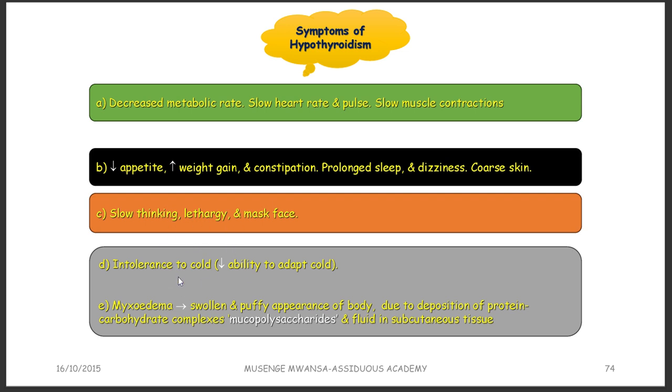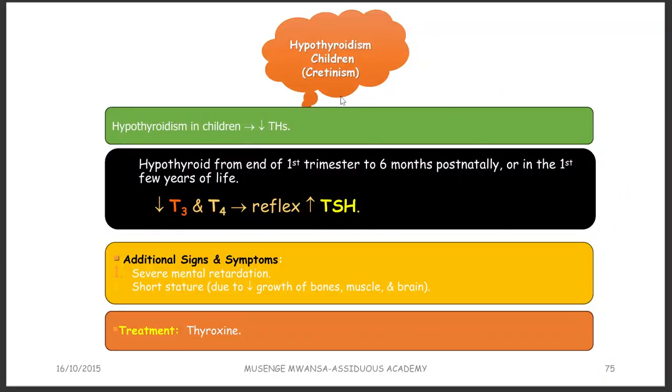So there's going to be intolerance to cold because there is a reduction in the ability to adapt to cold. And then there's also myxedema, swollen and puffy appearance of the body due to deposition of protein, carbohydrate complexes, mucopolysaccharide fluid in subcutaneous tissue. So someone is going to have the edema-like appearance, that's swelling.